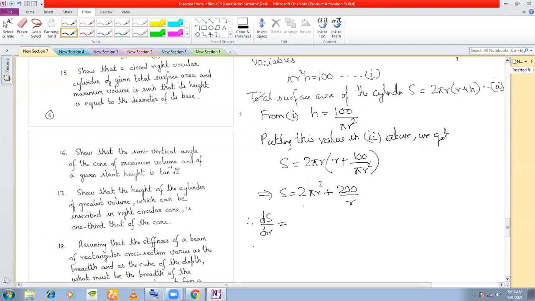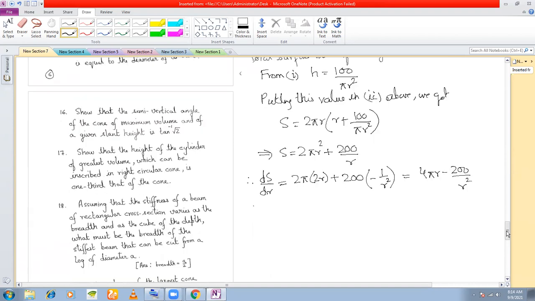ds dr is equal to, you have 2 pi, differentiate r square, you get 2r. 200 you take out of the differentiation, differentiate 1 by r, you get minus 1 by r square. So what you are getting here is 4 pi r minus 200 by r square, right?